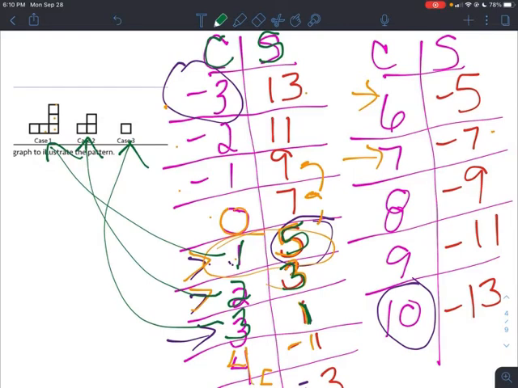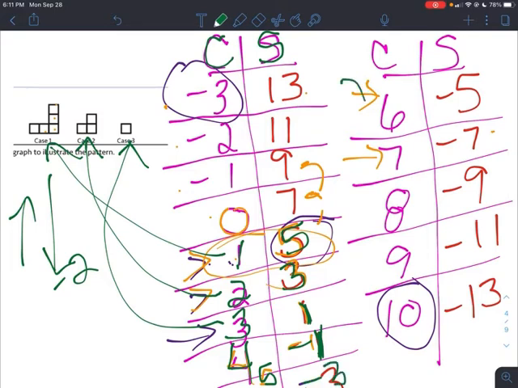So I extrapolated from that, which means I figured out the pattern. It was that as the case number goes up, the number of squares goes down by 2. So 4 would be, what's 1 minus 2? -1, right? And 5, what's -1 minus 2 would be -3. And then I moved up here to 6 and to 7, 8, 9, and I got to 10.